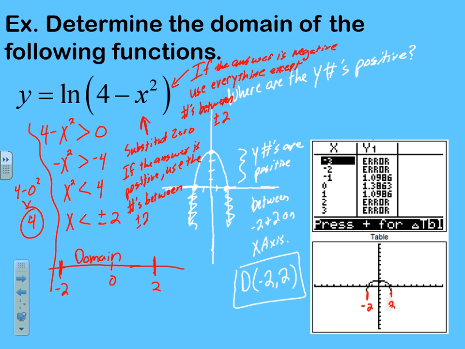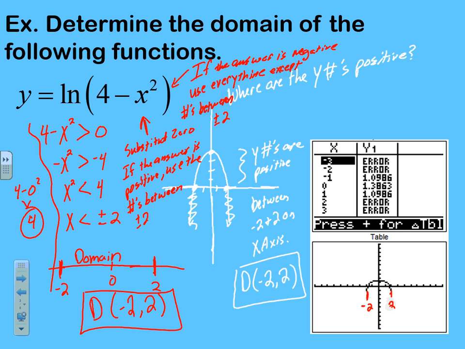The domain must be contained within those two numbers. So again, I would write the domain as an interval notation between positive and negative 2. And if I had put a 0 in there and gotten a negative answer, we would have said that the domain would have been everything except the numbers contained between positive and negative 2.